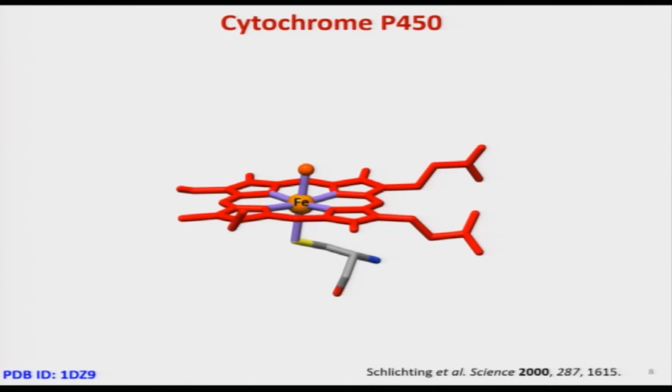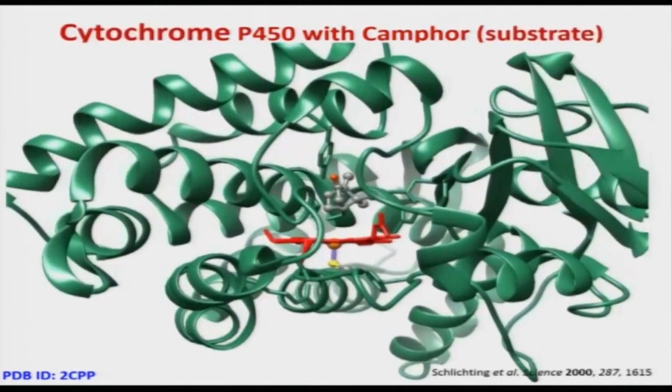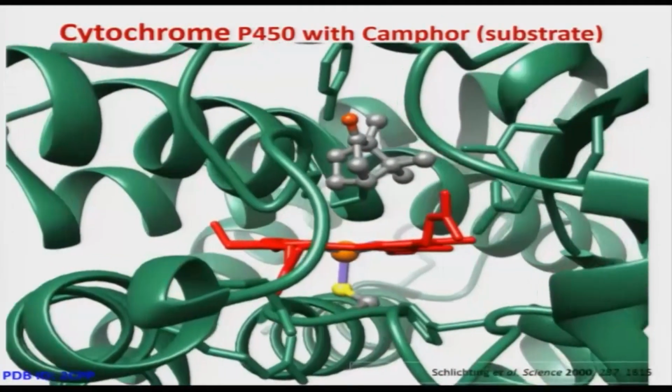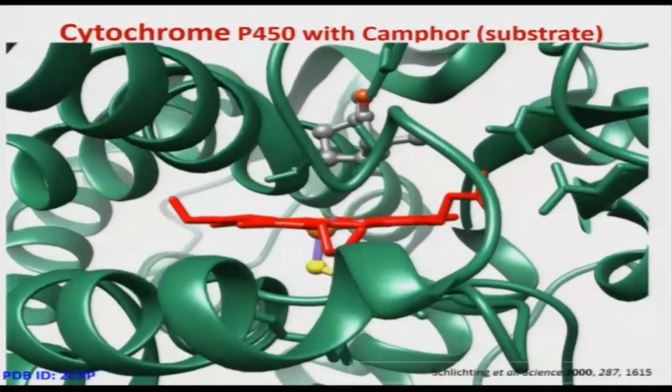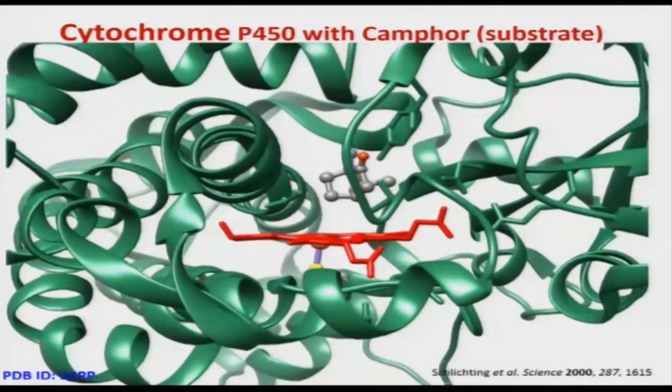You see this heme center, with iron sitting at the center, a weak coordination of a water molecule, and the cysteine residue over here, and this is the molecule which is actually responsible for so many organic transformations. Let us look at cytochrome P450 with camphor as a substrate.